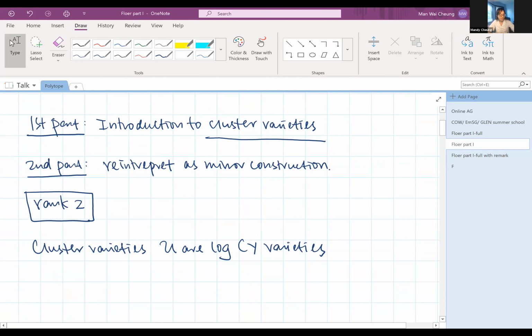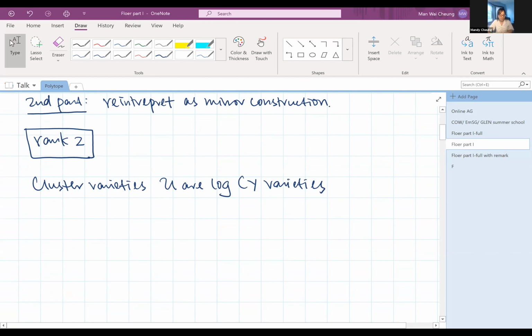Cluster varieties are log Calabi-Yau varieties, which can be described as a union of tori, where the tori are just 2-dimensional.